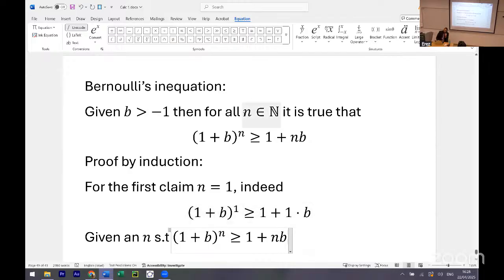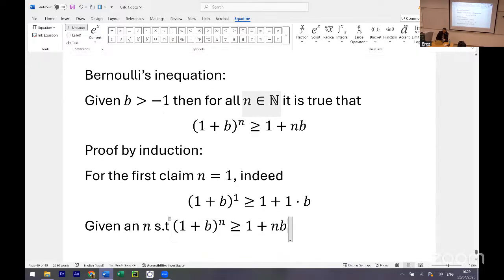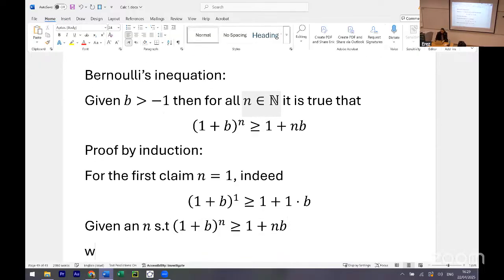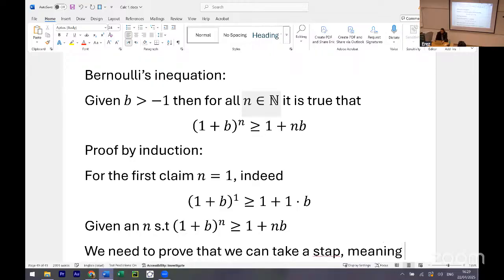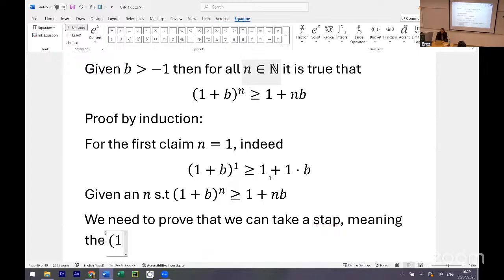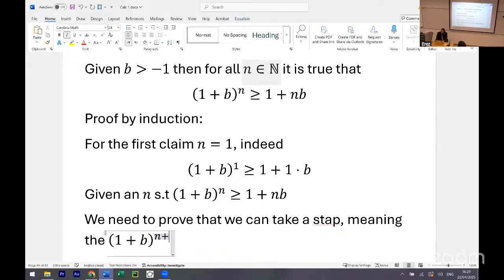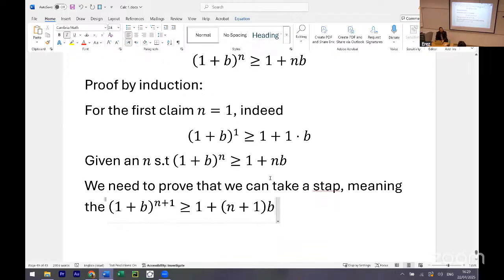The claim is that it works always, and now I'm saying, given a certain number for which it works, we need to prove that we can take a step, meaning that 1 plus b to the power of n plus 1 is also larger than or equal to 1 plus n plus 1 times b. That's the idea of induction.